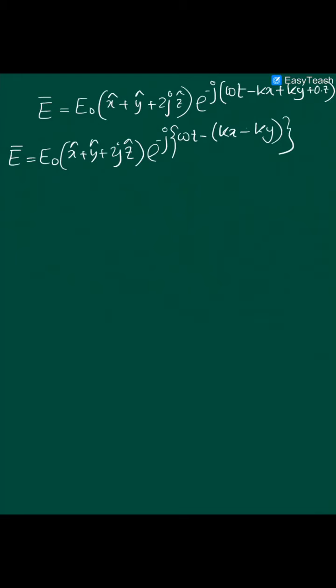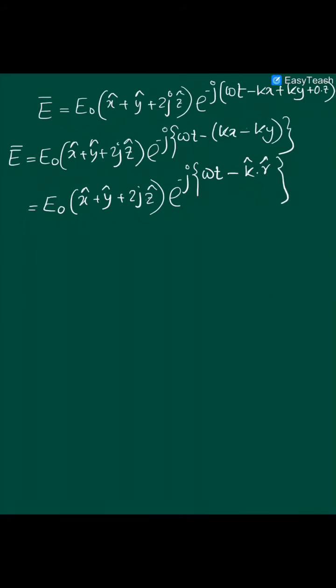In that case we can write this expression in a general form, that is E naught (x cap plus y cap plus 2j z cap), and the general expression for the phase part as omega t minus k dot r, where it will be k vector dot r vector.